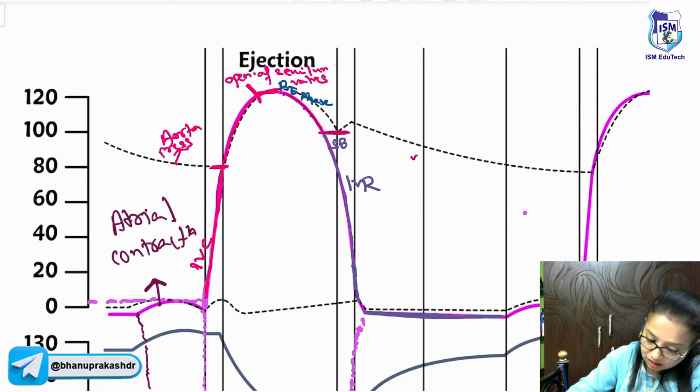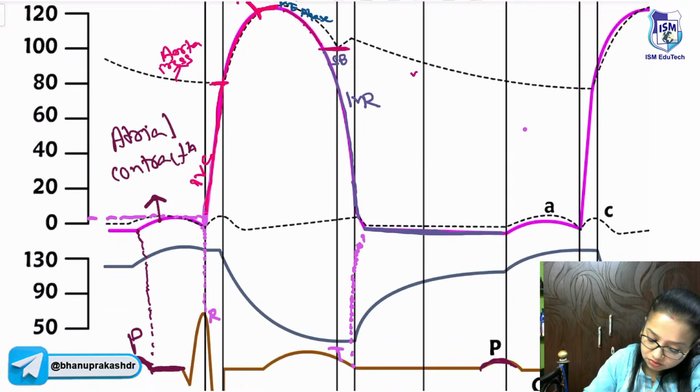Now, if we go for a quick revision, what did we see? First, the P, the depolarization of the atrium, has happened. This depolarization of the atrium causes the systole of the atrium. Systole of the atrium is the last phase of the ventricular diastole.